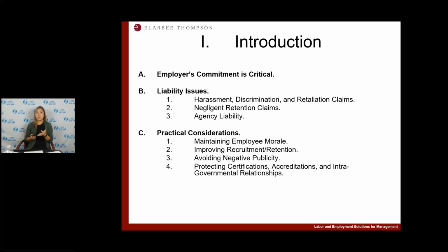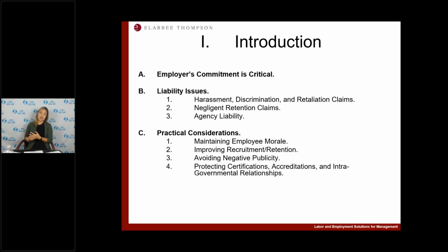As an example, if another employee complains that, hey, this driver, I think I've seen him drink during lunch and then get back in the car, and you don't conduct an investigation, and then later on that driver gets in an accident where alcohol plays a part, that's where you get into negligent retention. So the idea is that the employer should or could have been aware of this potential harm.